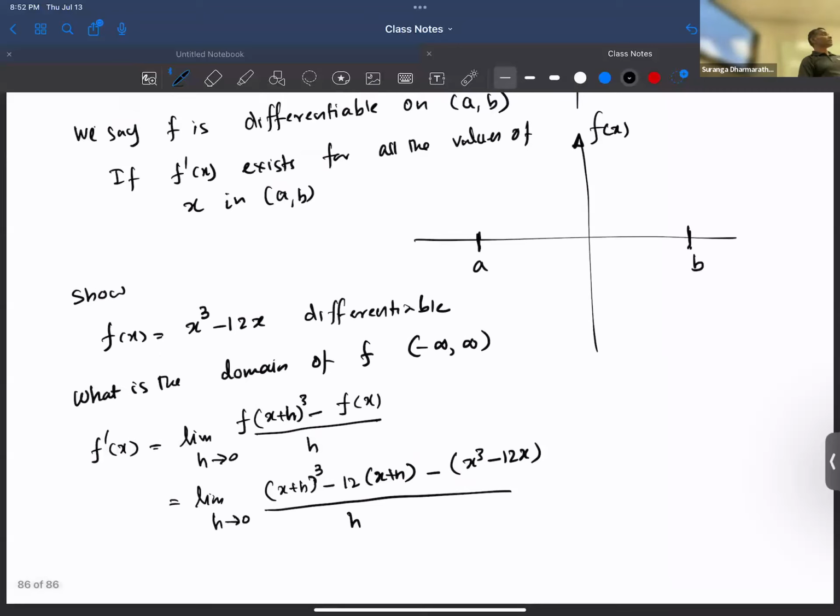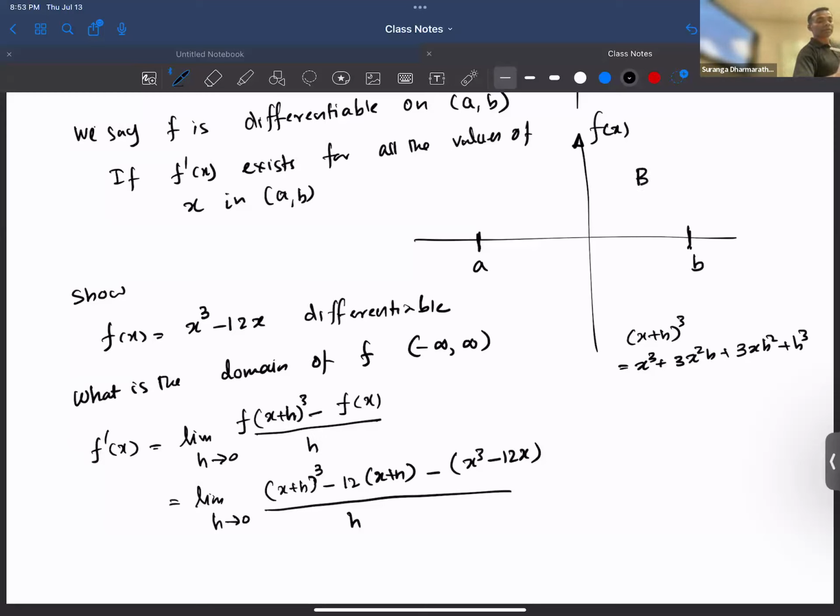So you need to expand this and then find the solution. If I want to expand x plus h cubed, how do you expand it? x cubed plus 3 times x squared h plus 3 times x h squared plus h cubed. This comes from the binomial expansion.